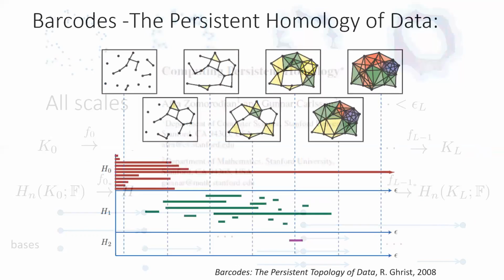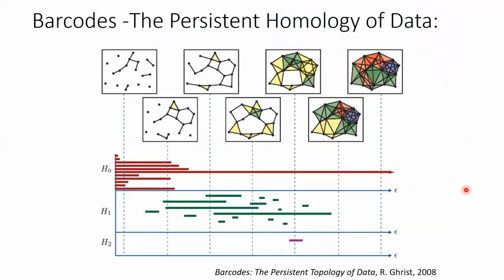And it allows us to paint this picture of barcodes as what captures the persistent homology of data sets, right? So the idea is that you look at your data at different resolutions, you compute homology, for example, in dimension 0, 1, 2, and beyond, and then by doing that change of coordinates across all these vector spaces, you're able to put homology generators in correspondence with homology generators in such a way that you can track how the homology of the spaces is changing.